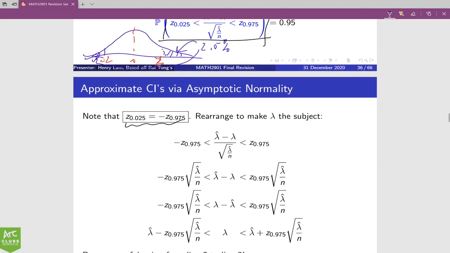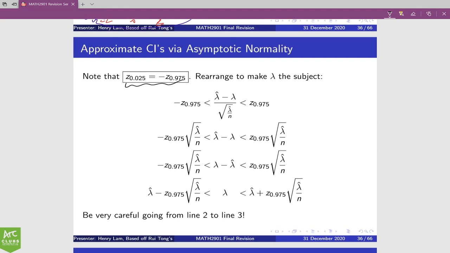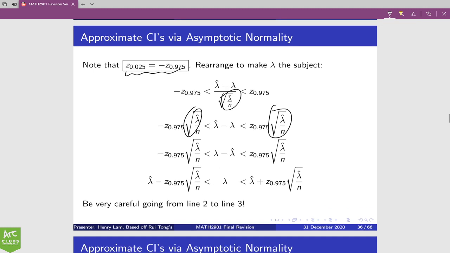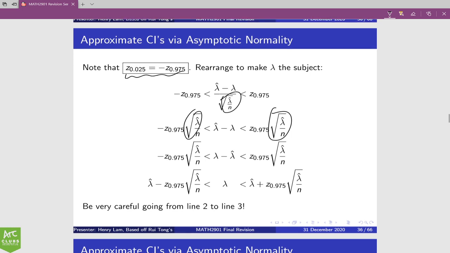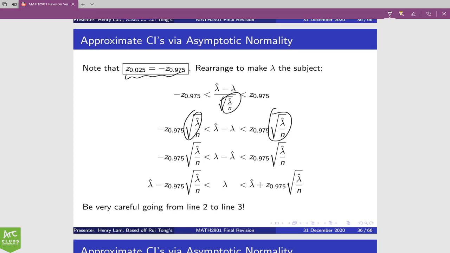This is just for convenience. Here, we just multiply both sides by this thing. Since it's positive, you don't need to change the signs. Here, since we want to make lambda the subject, I'm going to multiply everything by -1, and so the inequality will flip.